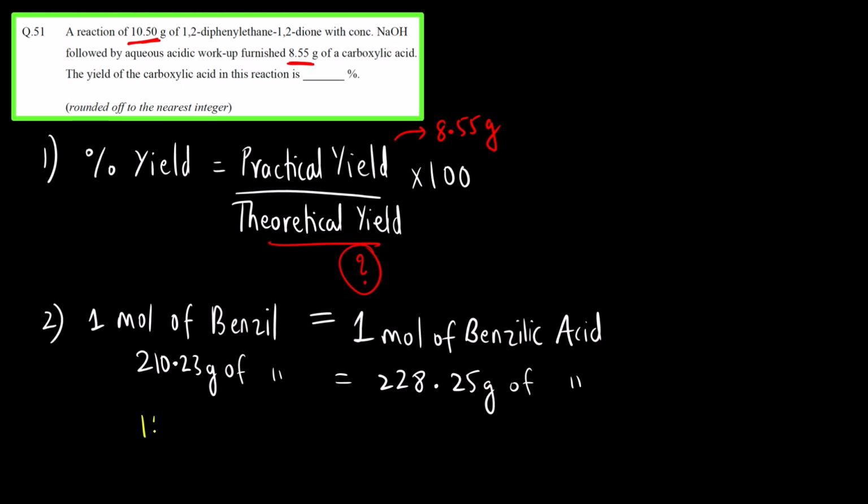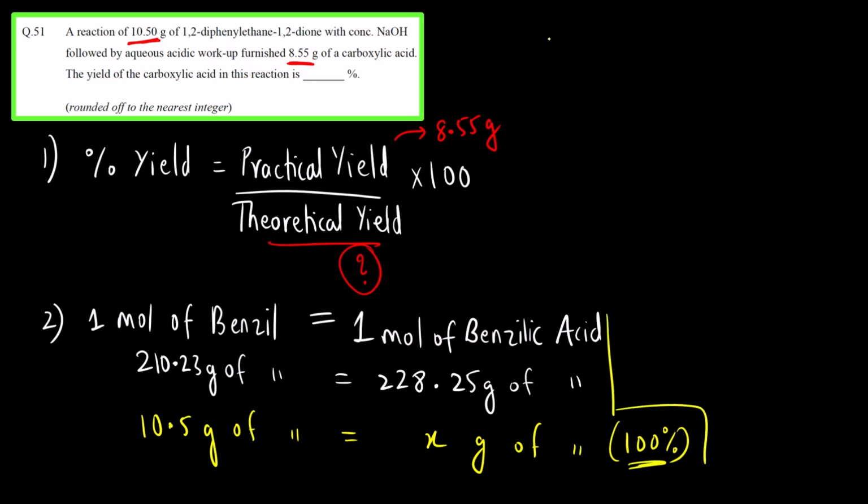So 10.5 grams of benzil will give x gram. So this x gram is nothing but, if we have 100% yield, how much we should get. If the percentage yield is 100%, what is the amount that we should get? So we have to calculate x, that is the theoretical yield.